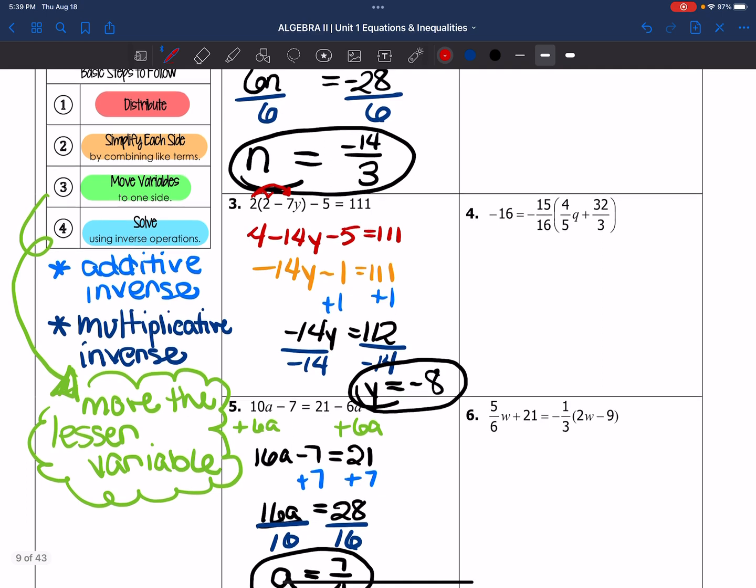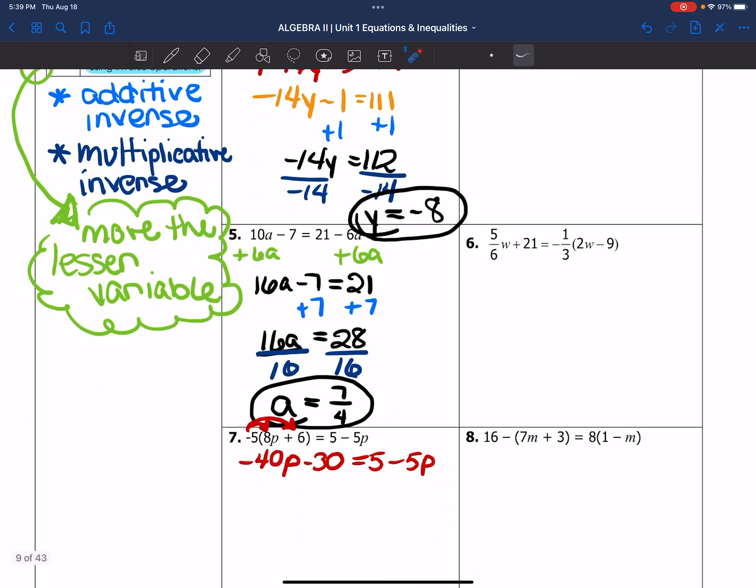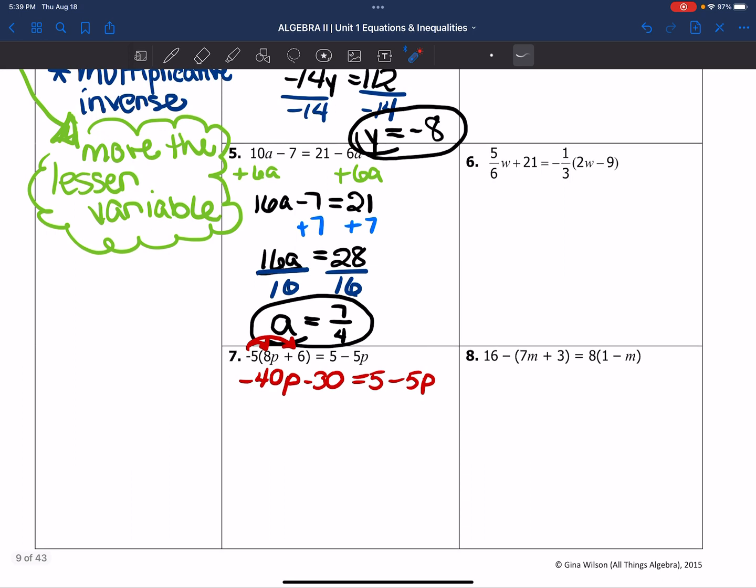So we move on to our third step, which is to move the variable to one side. And like we made our note here in green, we want to move the lesser variable. So which one is our lesser variable, you guys? The lesser variable, or on a number line, it would be the number farthest to the left.